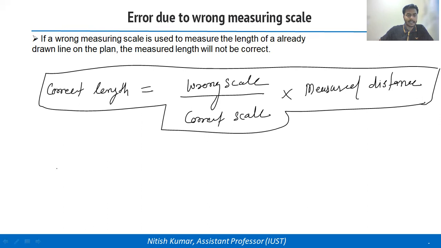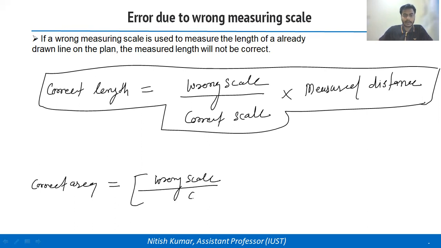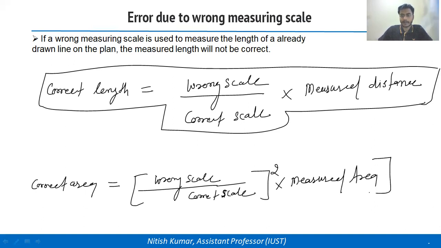Now in terms of area, suppose we want to calculate the corrected area. So that will be equal to wrong scale divided by correct scale, the whole square, into measured area.